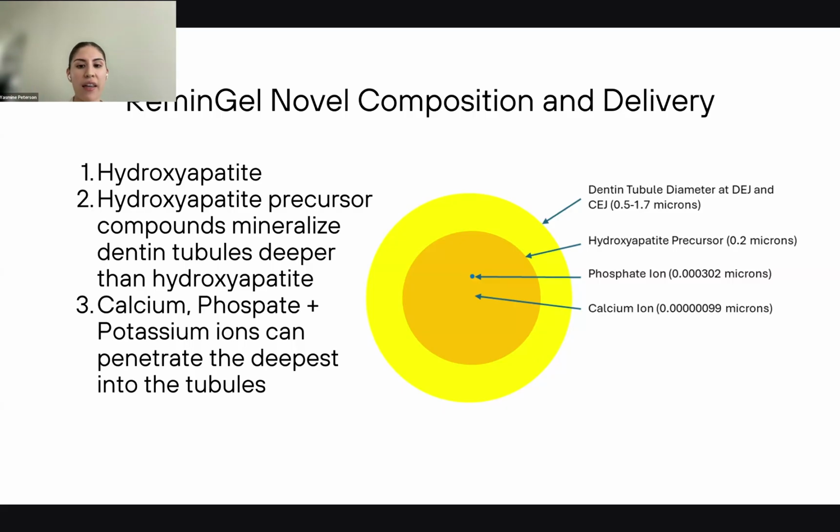And then if you look at the ions, that little blue dot there, you can see that they're even smaller. So this allows us to see that those particles that are smaller than the dentin tubule actually penetrate deep into the dentin tubule, making sure that that remineralization process is so thorough. And that's how it works so well.